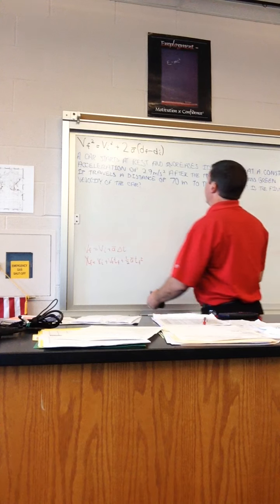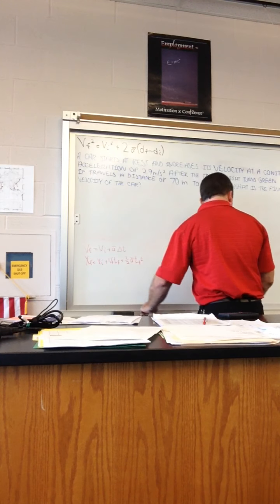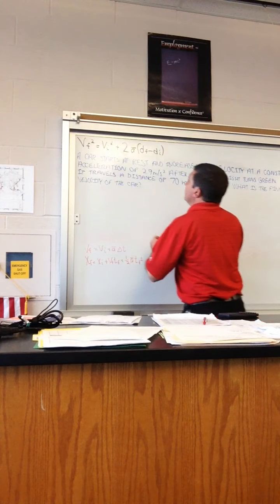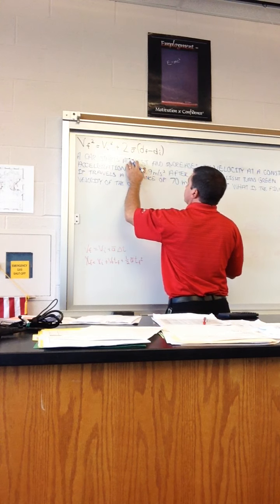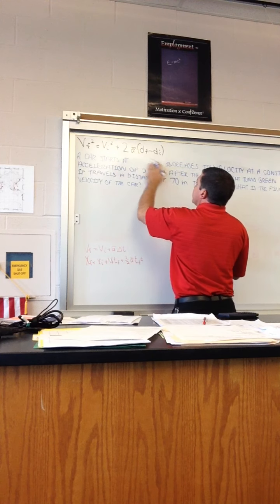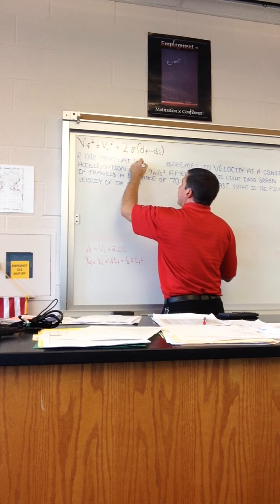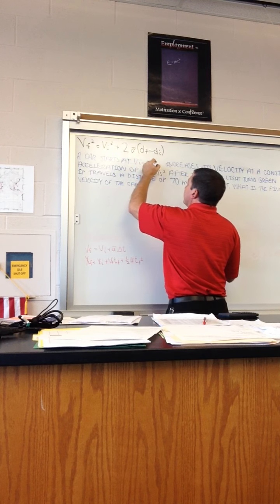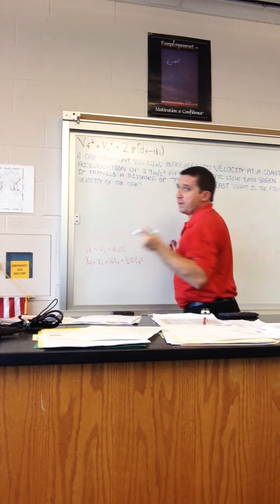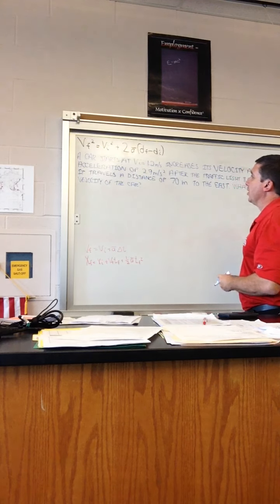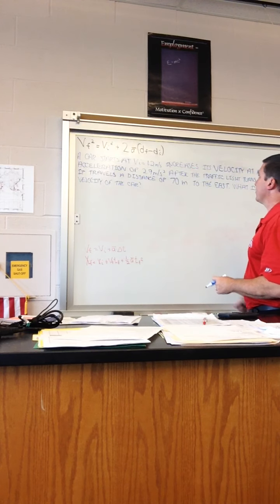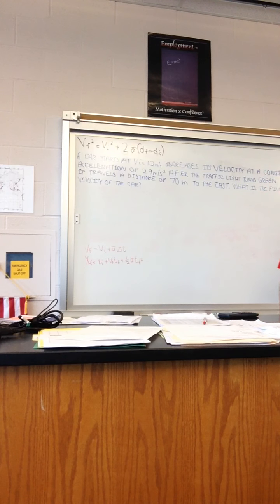So let's say the initial velocity, and again, I wrote this out hopefully thoroughly for you in your notes, but I got to use a little shorthand here in the example here on the board.